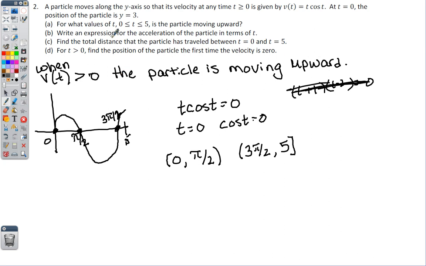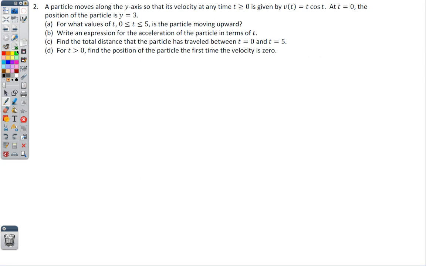part B. Write an expression for the acceleration of the particle in terms of t. Well, we know that the acceleration of the particle is equal to the derivative of the velocity. Easy enough. So, what's the derivative of t cosine t? Well, we've got product rule.